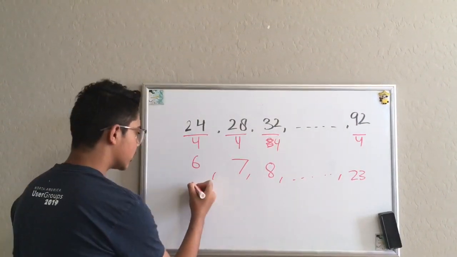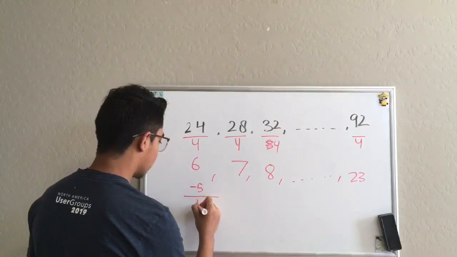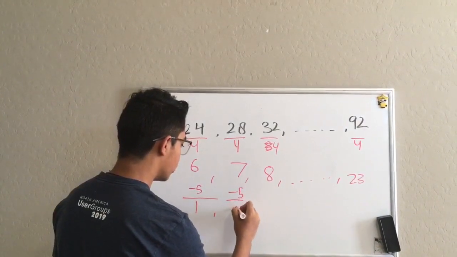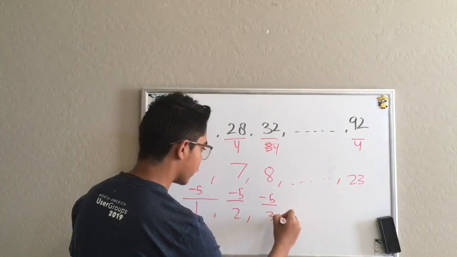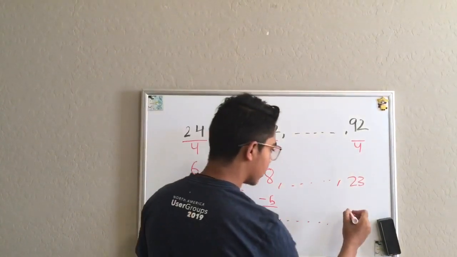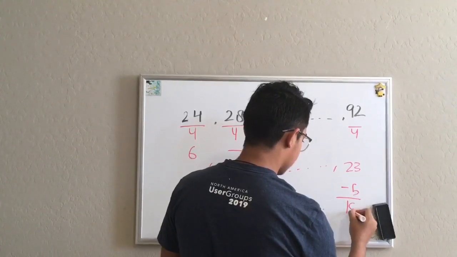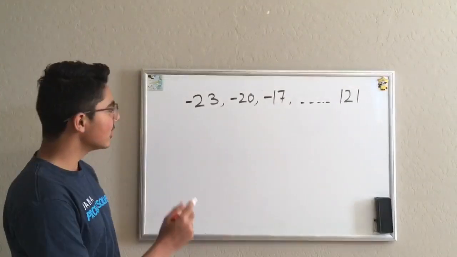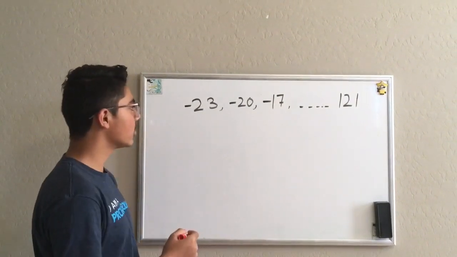So for this one, we just have to subtract 5. 6 minus 5 is 1. 7 minus 5 is 2, 8 minus 5 is 3, and so on till 23 minus 5, which is 18. And that's the answer.